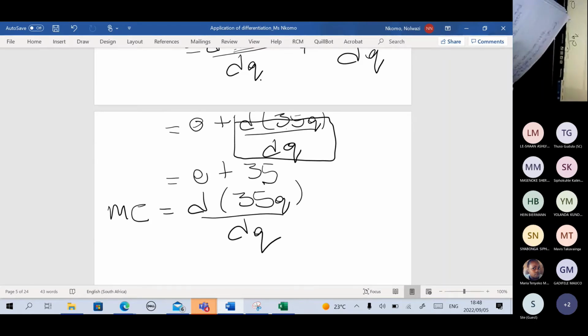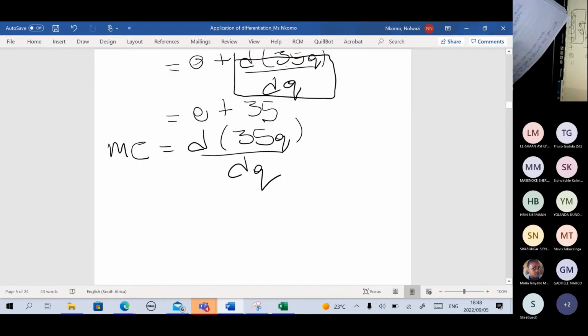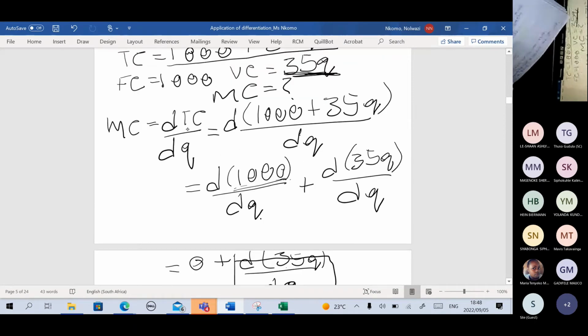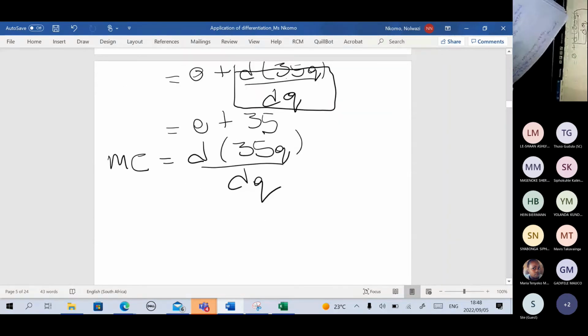So rather than using the derivative of the total cost with respect to Q, you can just say the marginal cost is the derivative of the variable cost with respect to Q. It's the same thing at the end.